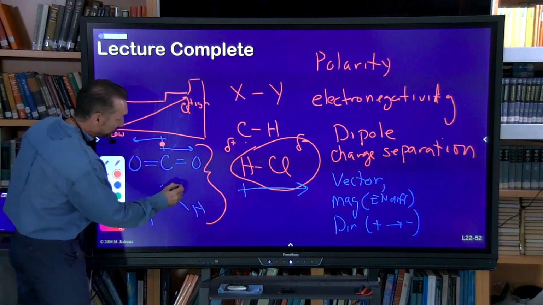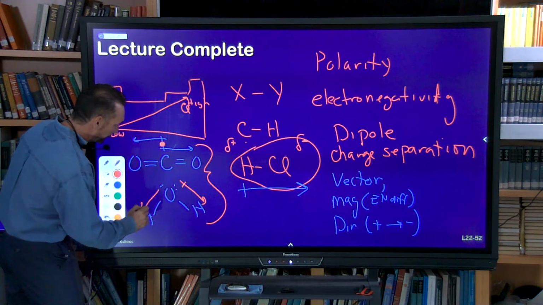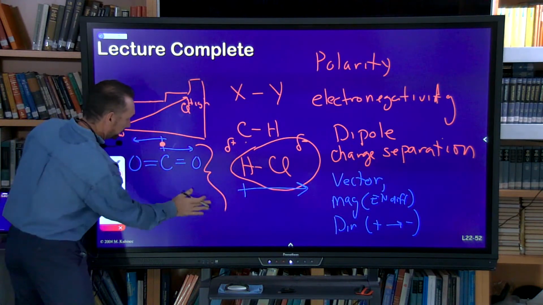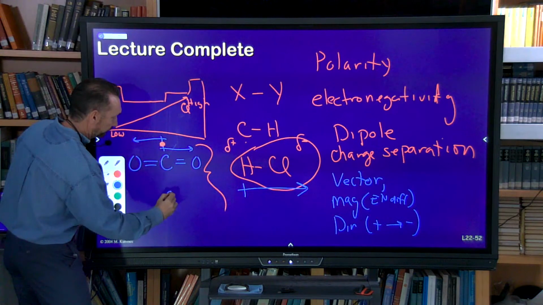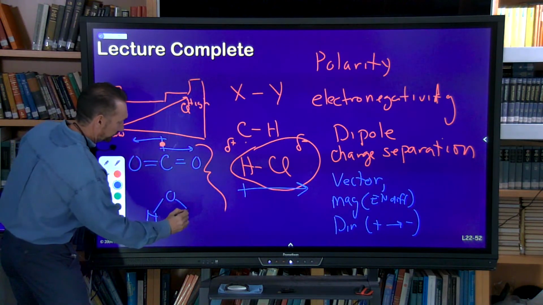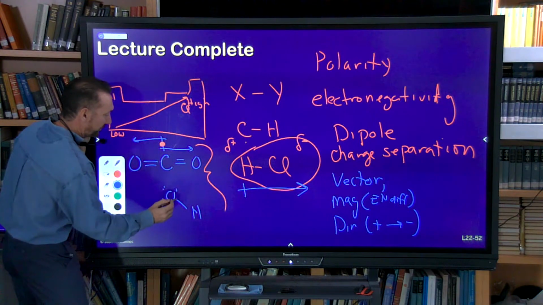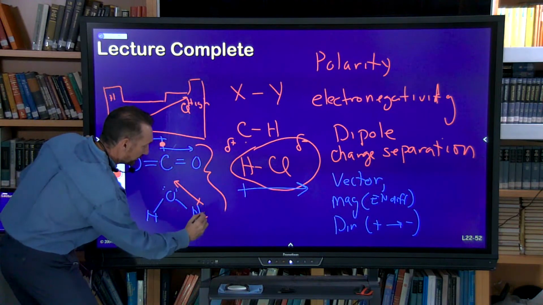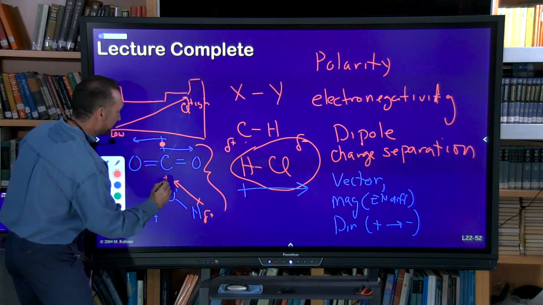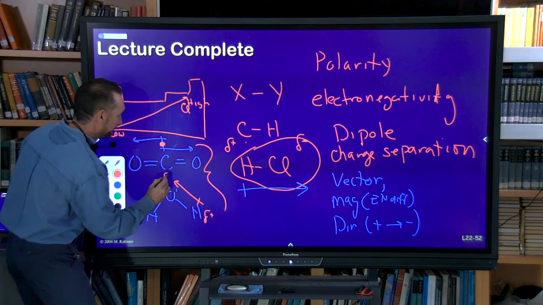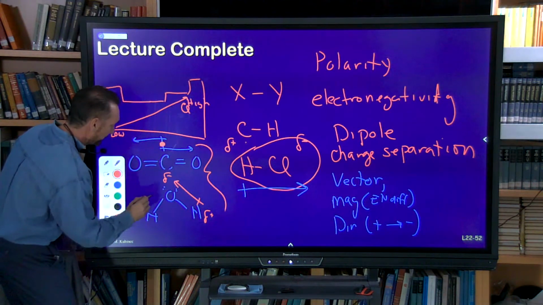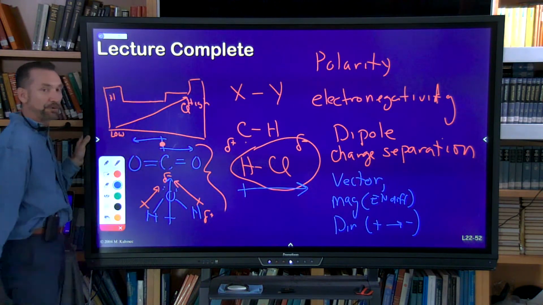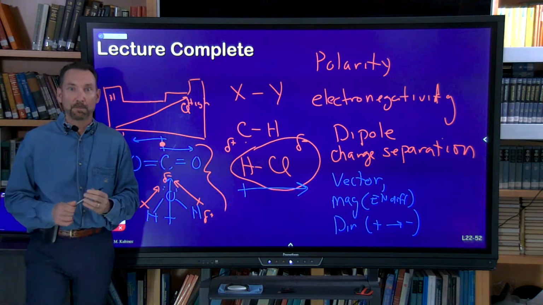And if this one's bent, then those little dipole moments, there's partial plus on the hydrogens and partial minus on the oxygen. So those little dipoles point like that, and those two add up as vectors to form a permanent dipole moment on the water molecule.